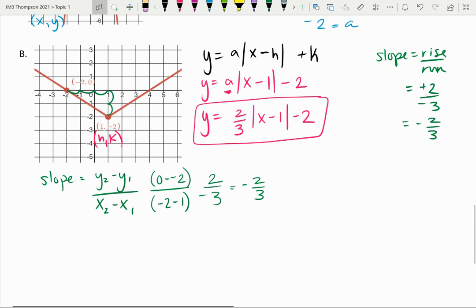Now, when I used my 2 points, or when I counted my rise over my run, I went to this left side both times. Remember that for an absolute value, half of it has a positive slope and half of it has a negative slope. This is down to the right, this is up to the right. Be careful, because even though I calculated that this is negative 2/3, ask yourself, does the V open up or open down? It opens up, so it's got to be positive.